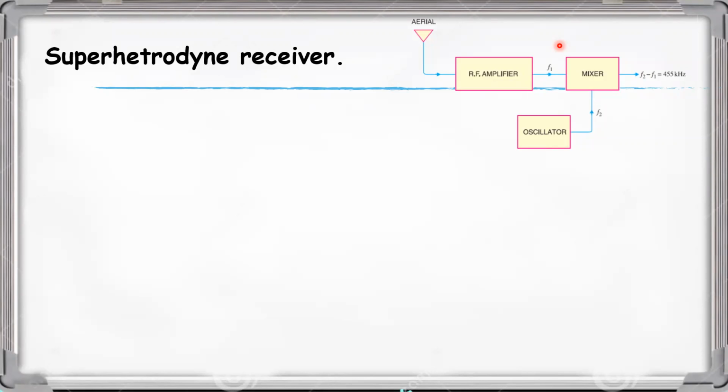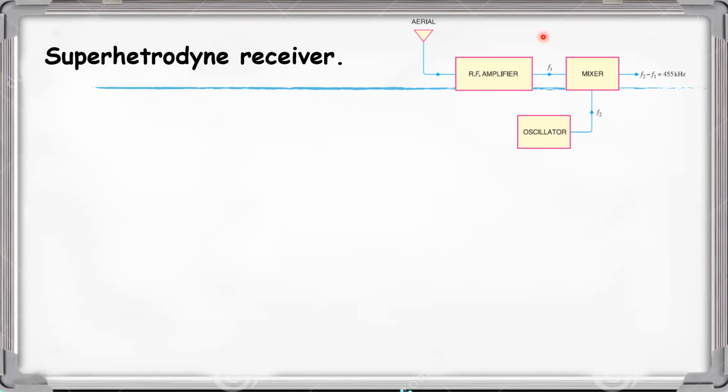When we vary that gang capacitor, it selects the radio station of 610 kilohertz. At the same time, the local oscillator frequency is set to 1065 kilohertz. So the intermediate frequency remains constant at 455 kilohertz.